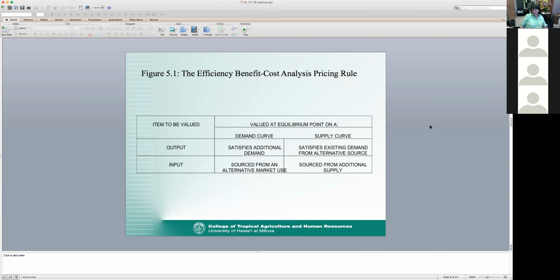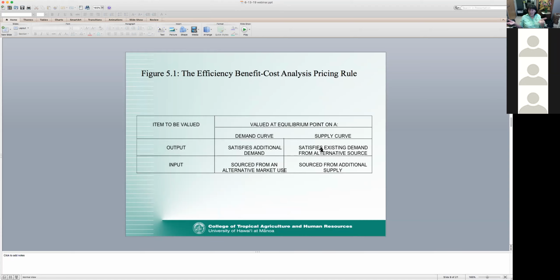And output is the same thing. If I have something I'm making, why would you buy mine versus theirs? Right? Well, I can buy mine or I can buy theirs. When am I going to buy mine? When my price becomes attractive.